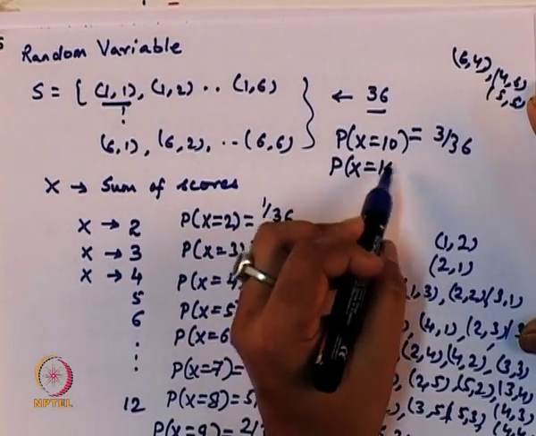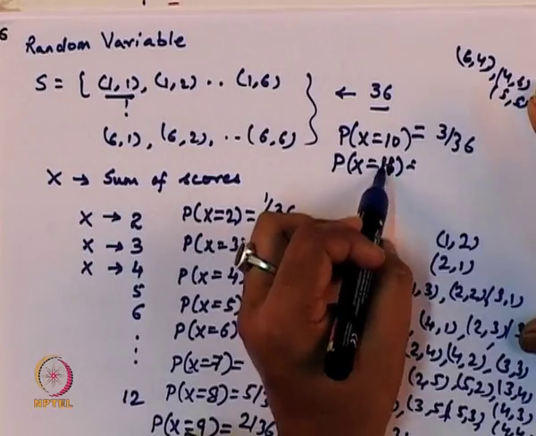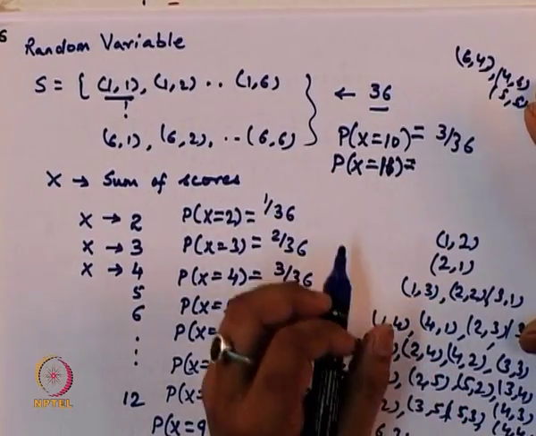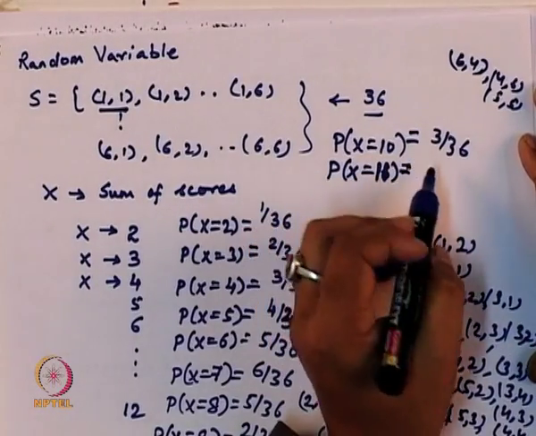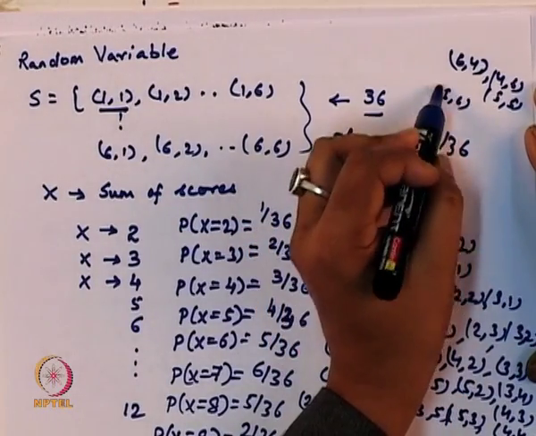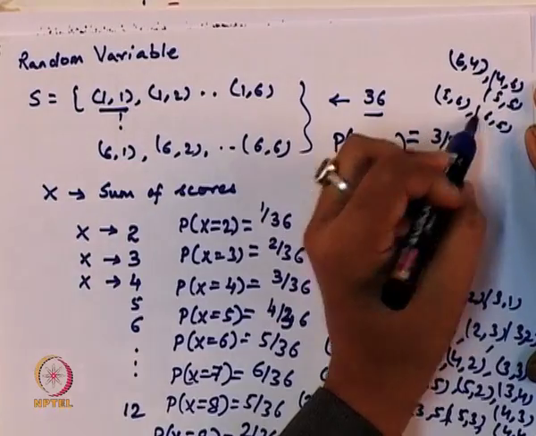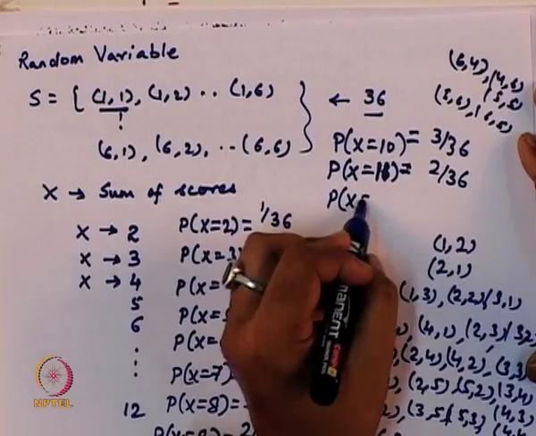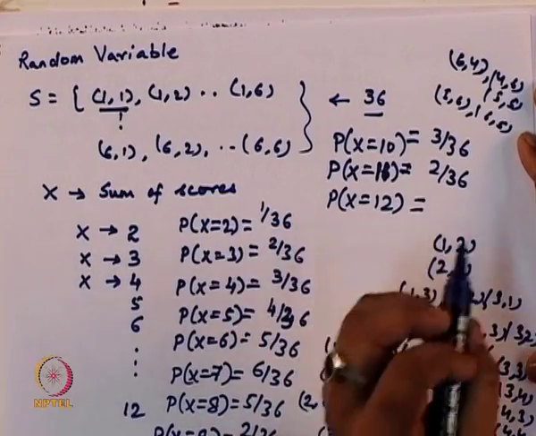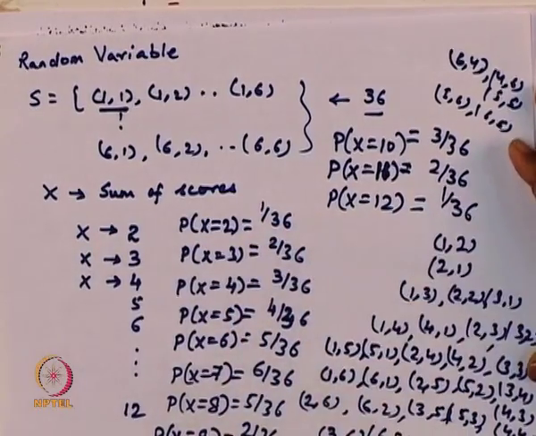X equal to 11: I have 5 6 and 6 5, 2 by 36. Probability of x equal to 12 is simply 1 by 36.